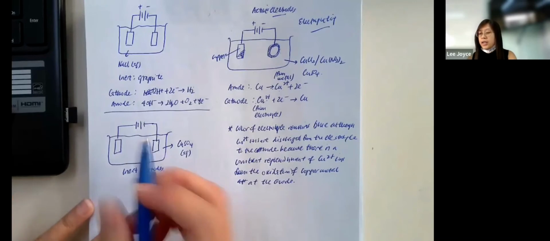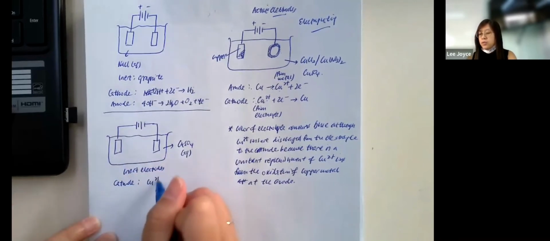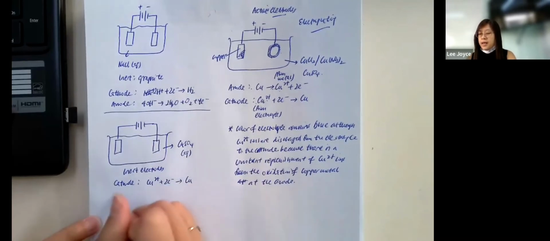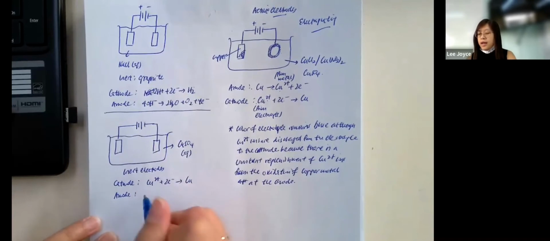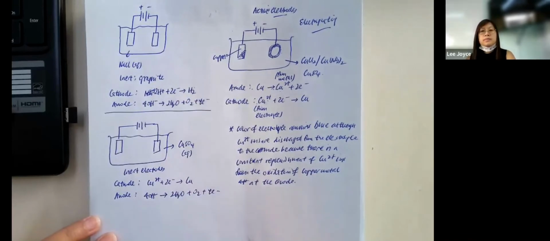So what are the ions that will be discharged? At the cathode, you will have the Cu2+ ions to undergo reduction to form the copper metal. And then at the anode, we will have the hydroxide ions to be discharged. Like this.